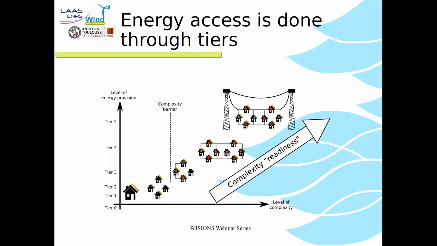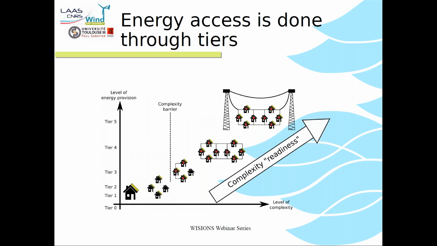Basically, if you look on the left axis, you see the level of energy provision, and you have the tiered approach, where as you go up in tiers, you go up in power. And if you go up in power, from physics, you either go up in voltage or current, or you go up in terms of the speed of your machine or torque. That means that your system grows bigger, more complex.